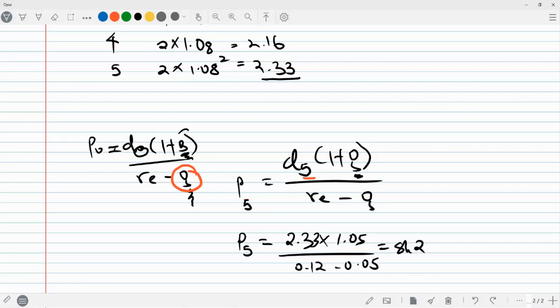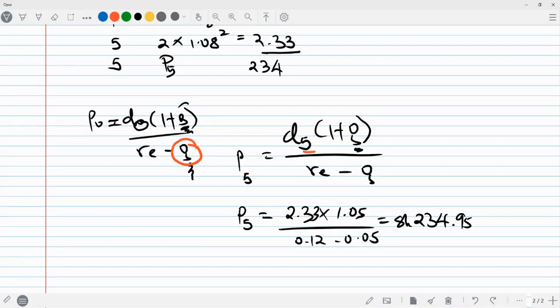It is $34.95. Let me add year 5 here. This is P5, 34.95.